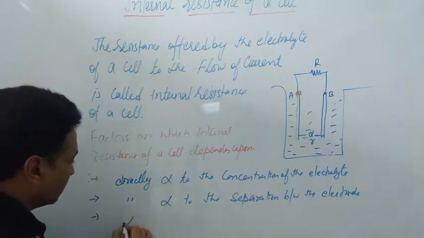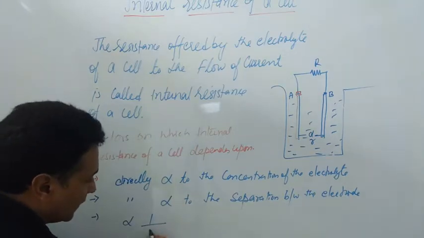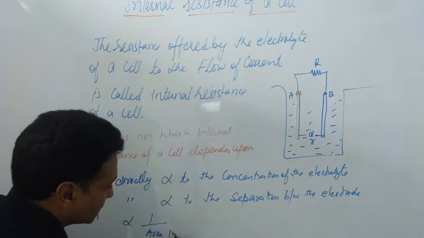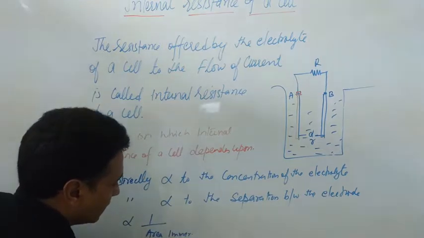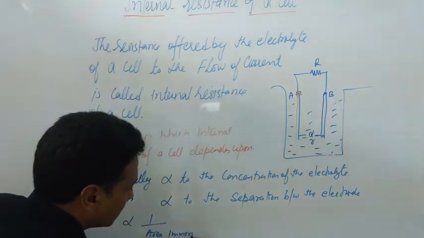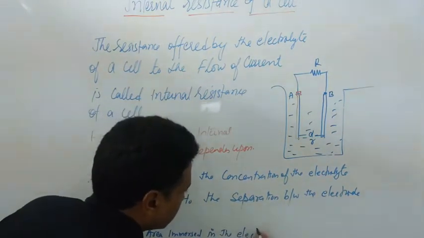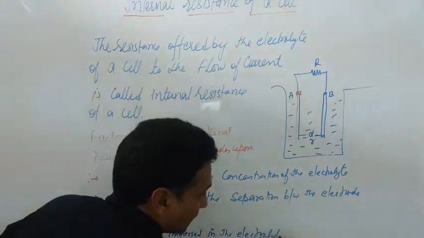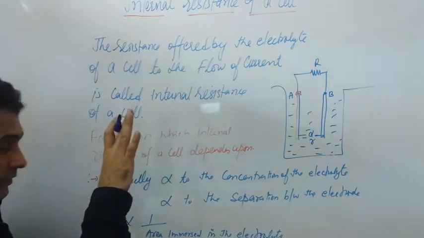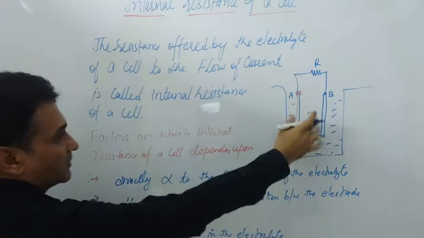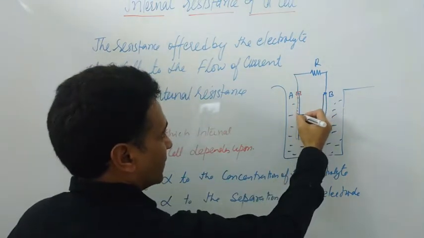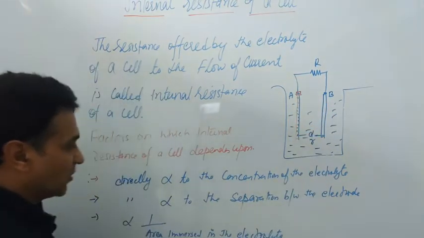Also it is inversely proportional to the area immersed in the electrolyte, कि इसमें कितना एरिया इमर्स किया हुआ है, इस ये जो एरिया है इसका रोड का, ये कितना एरिया इसमें इमर्स किया हुआ है. ठीक है.